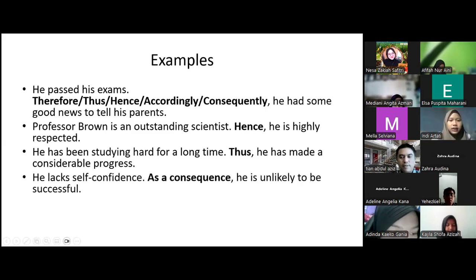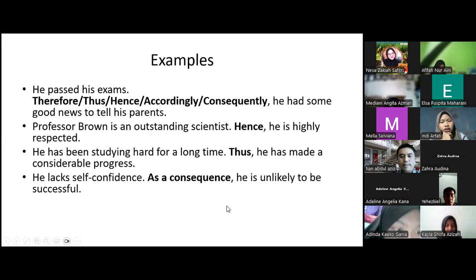Okay, next, Adinda. He lacks self-confidence. As a consequence, he is unlikely to be successful.